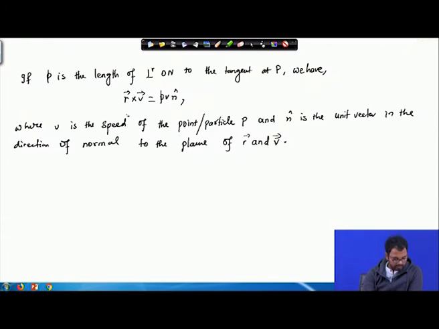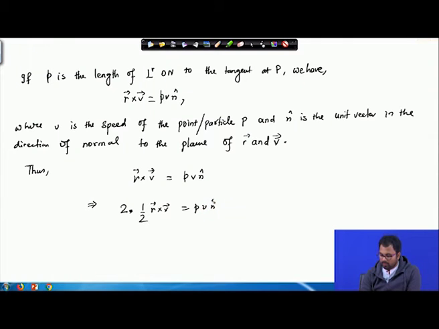So, that means thus I can write r cross v is equal to p v n. So, that means from here I can write 2 times 1 by 2 r cross v is equal to p v n. So, this v is a scalar, and this is nothing but 2 times the aerial velocity, which is equal to p times v times n.